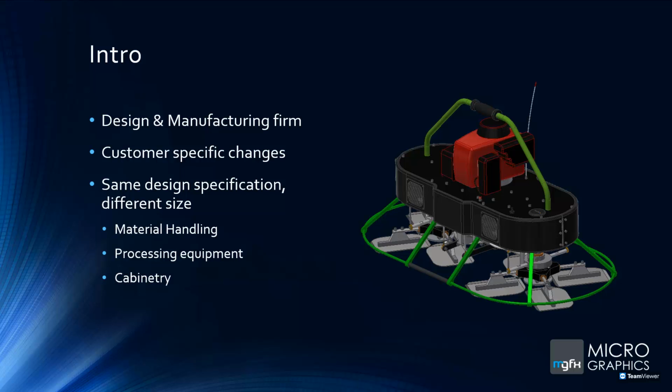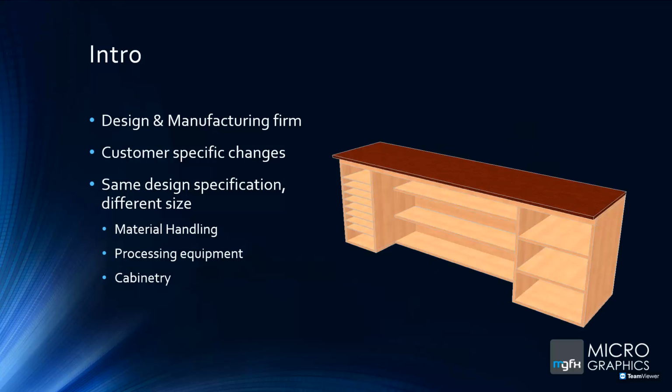The second one is processing equipment, and we'll have a look at this remote controlled concrete finisher and talk about why you would reuse designs or copy design in its case. And then lastly, also cabinetry. So here I've got a desk with various cubbies in it, shelves on it, and once again, might be custom for each different customer, and you'd want to be able to change it as required.